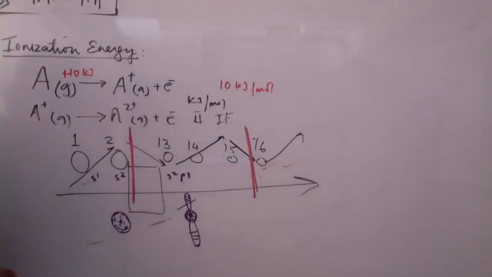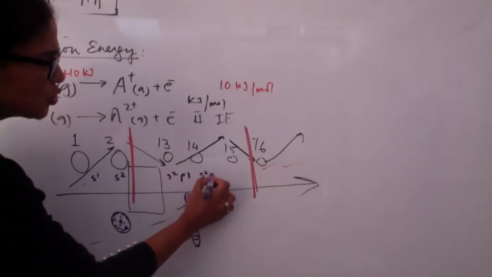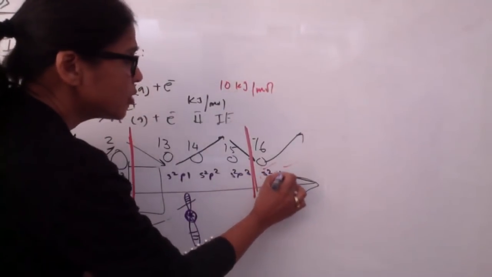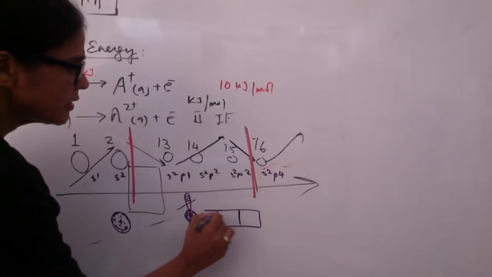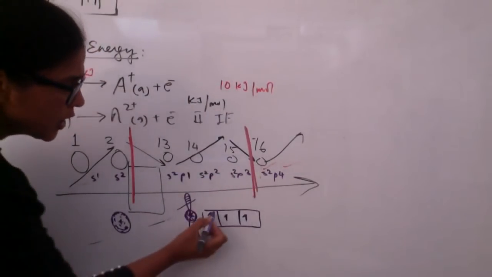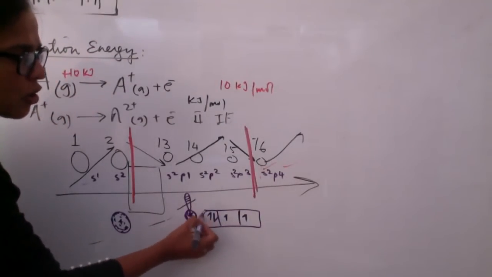All right, now what happens is the second dip here. So this is P1, this is S2P2, this is S2P3, and this is S2P4. If we draw the orbital diagram, from here to here, one p electron is being added. But when we talk about P4, the fourth electron is being removed from a paired orbital.